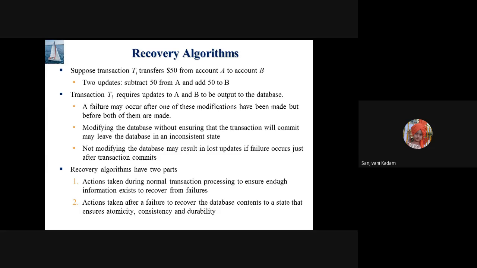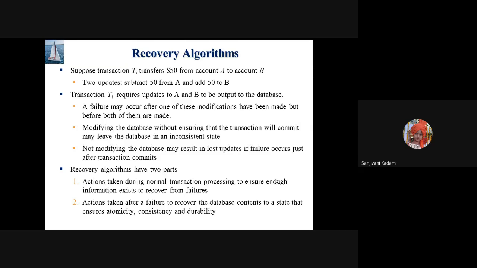So here, a failure may occur after one of these modifications has been made, but before both of them are made. Consider both A and B have the before-transaction amounts of $100 and $50, and $50 needs to be deducted from A. That is, A's new value is to be 50 and B's new value is to be $150.